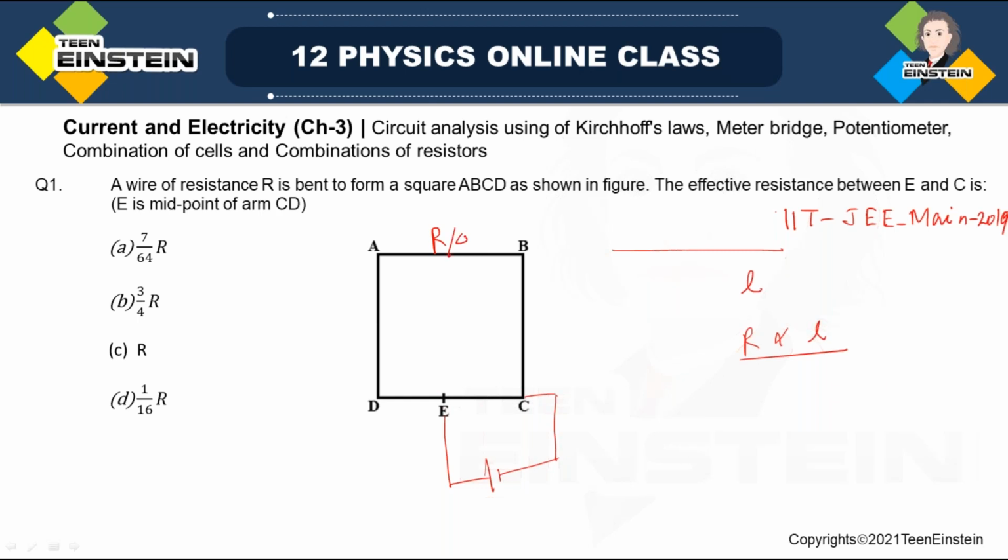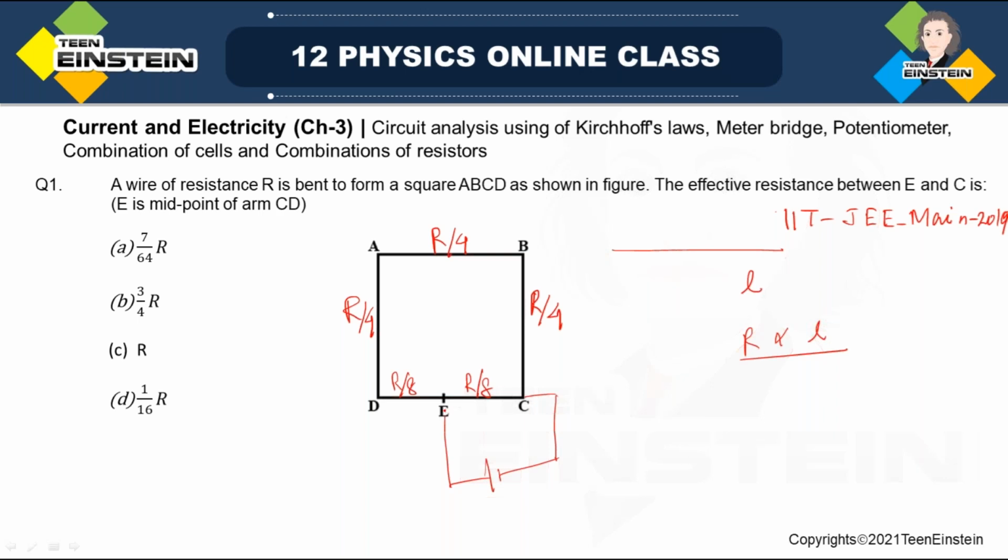This is R by 4, this is R by 4, this is R by 4. Now this E being midpoint, so this DE will carry R by 8 and this will carry R by 8.